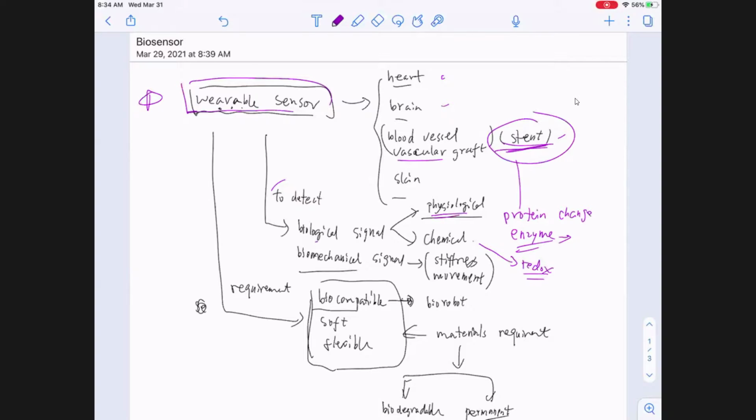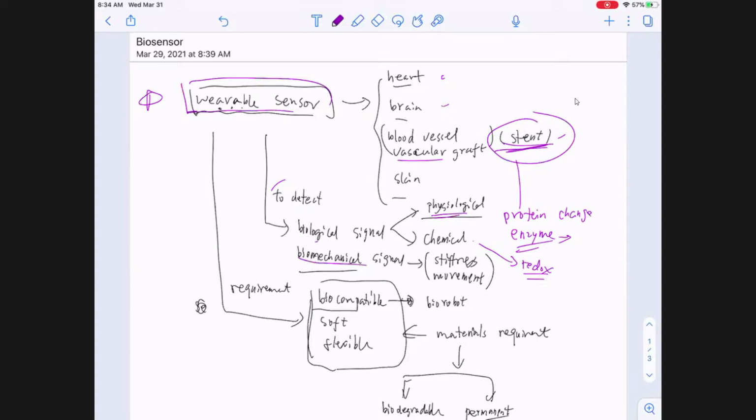That's very similar to electrochemistry, leading to electron movement, so leading to current change and voltage change.